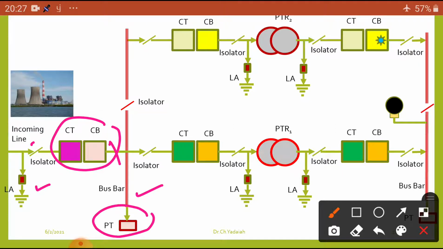The PT will measure the voltage of this bus, and again a bus isolator here also we connected, and we connected another line, another feeder.